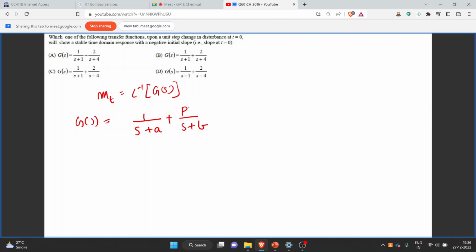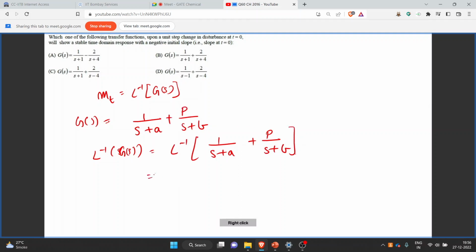So in order to find the inverse Laplace transform of this, let's just find it. L inverse of G(s) is equal to the Laplace inverse of 1 upon s plus a, plus p upon s plus b.